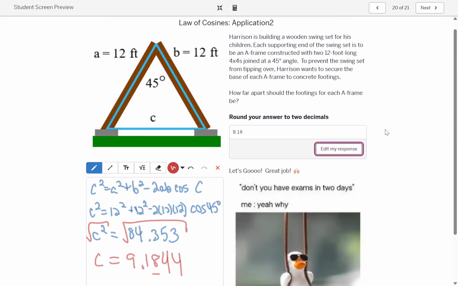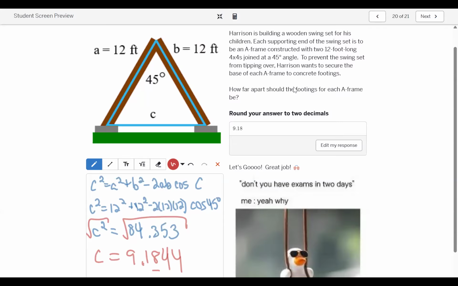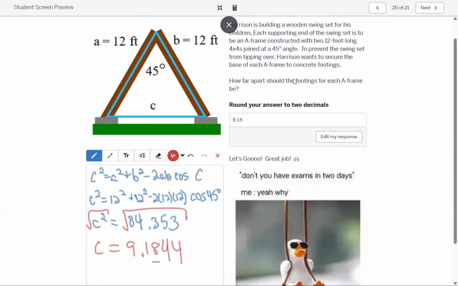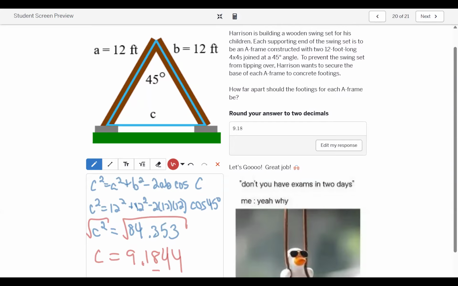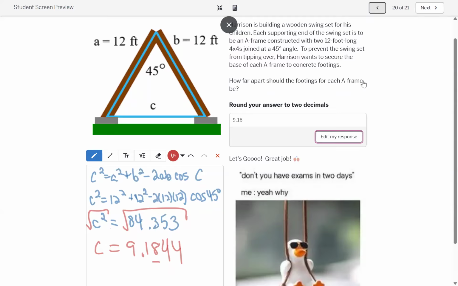All right, so let me do a screenshot of this real quick, and then I can show the screenshot for the previous one. Oh, or I can just go back one. Yeah, here.